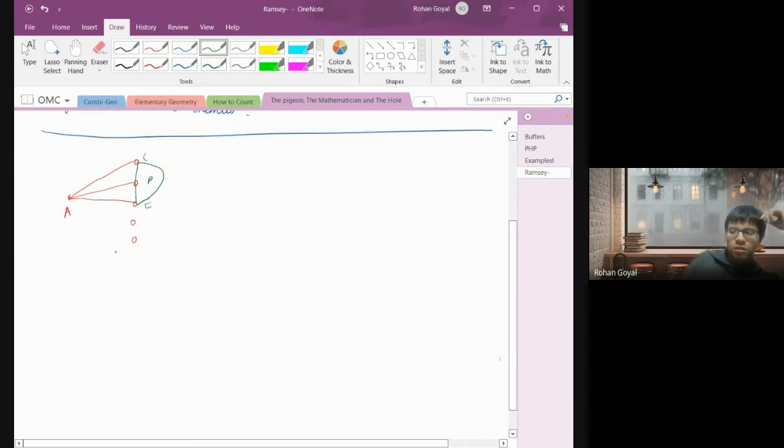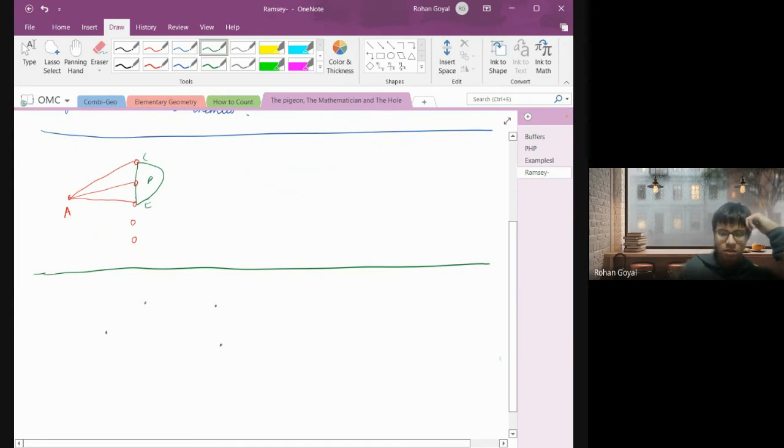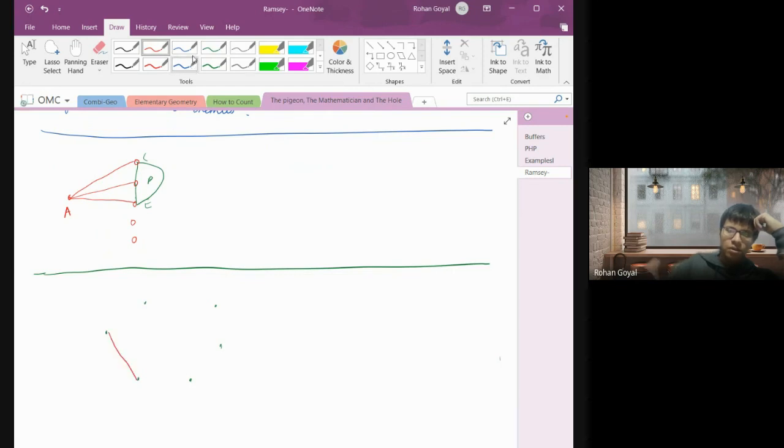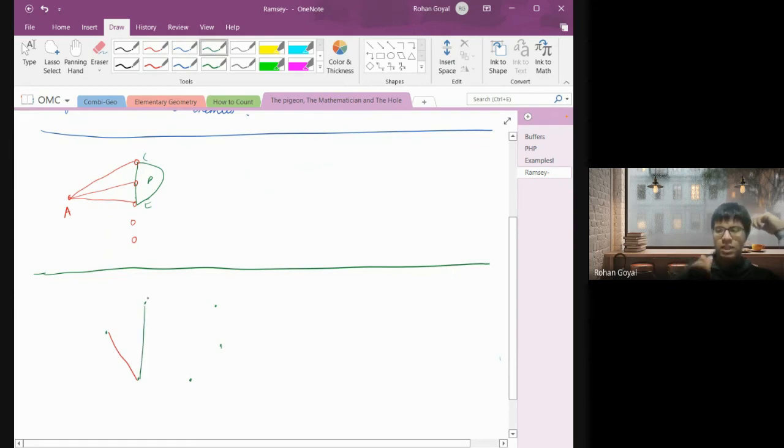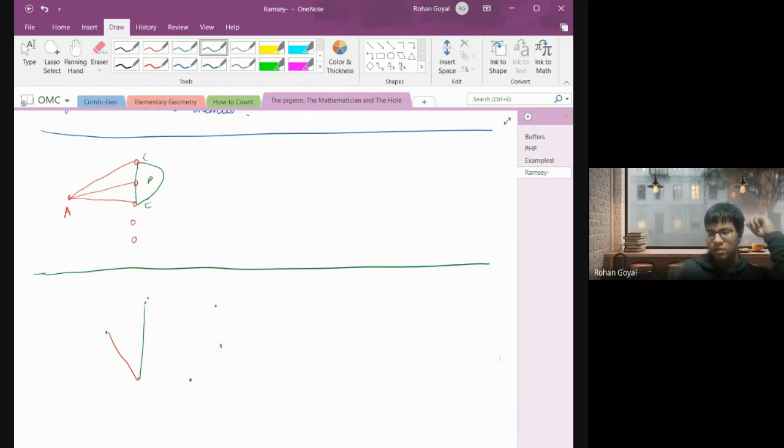You could think of this as, instead of thinking of the problem in terms of friends, we have 6 points and we connect every two points with a red color if they are friends and a blue color if they are enemies. So there is a triangle which has all 3 sides of the same color.